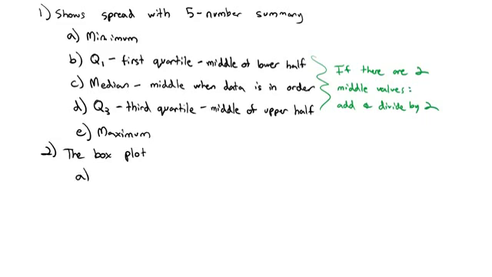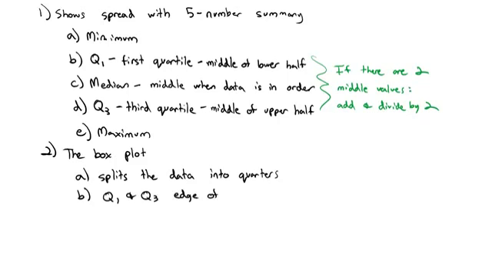The box plot splits the data into quarters. And to do that, we put Q1 and Q3 as the edge of the box.